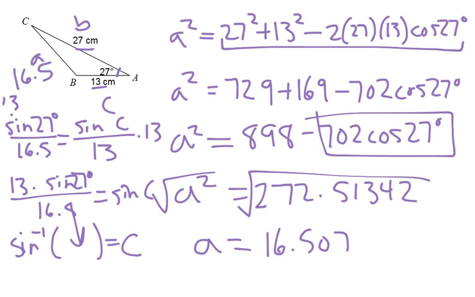So I'd go the inverse sine of 13 times the sine of 27 divided by 16.5. And that gives us an angle C equals 20.958, so basically 21 degrees for C. So 21 plus 27 equals 48. 180 minus 48 gives us 132.